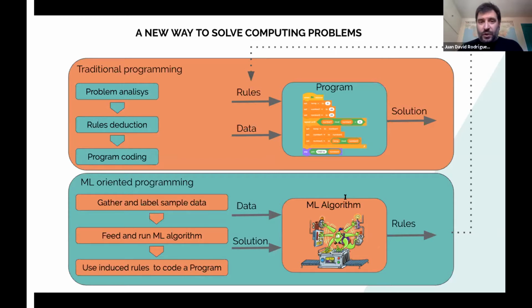It is important to realize that once we have the rules induced by machine learning, we can use them to make a program in the traditional way. Here, I would like to point out that the bottom box provides us a new way to work and develop computational thinking skills, and it makes possible to introduce the new concepts, practice, and perspectives that I have said earlier in this talk.